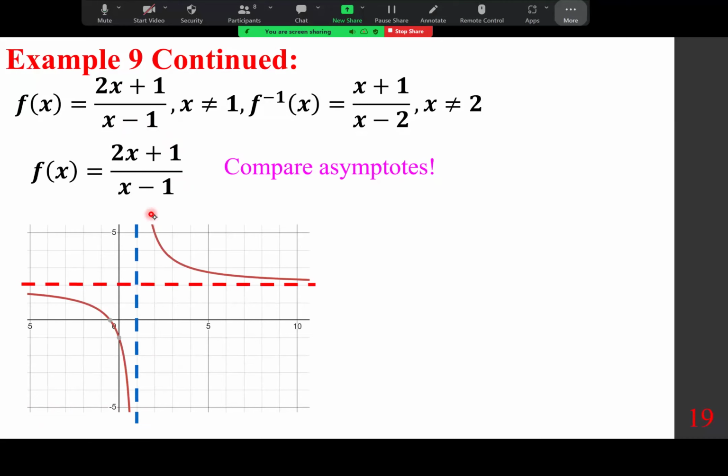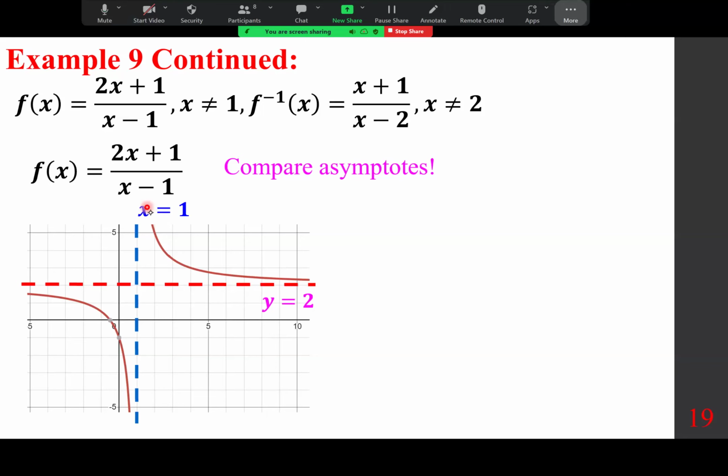Here's the horizontal asymptote. Here's the vertical asymptote. Y equals 2. Take a look at this one. Because the degree of the numerator and the denominator is the same, the leading terms take over. 2 over 1, so y equals 2. And x minus 1, that means x equals 1 is your vertical asymptote.